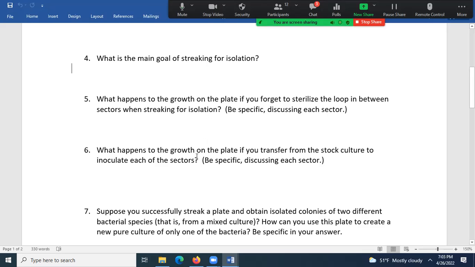And then 6, what happens to the growth on the plate if you transfer from stock culture to inoculate each of the sectors, meaning you pick up stock culture on your loop to set up sector 1, sector 2, sector 3, etc.? Be specific, discussing each sector. What I'm going to look for is specifically how 5 and 6 differ. So if you don't have a difference, it's not going to be correct.